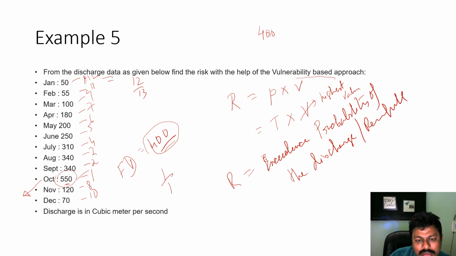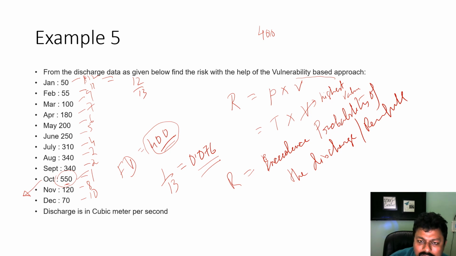What is the probability of this 550? It is 1 by 13, which is 0.076. This is the probability, right?